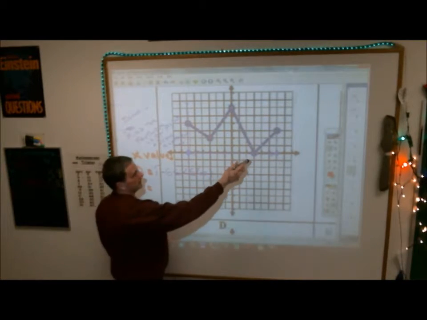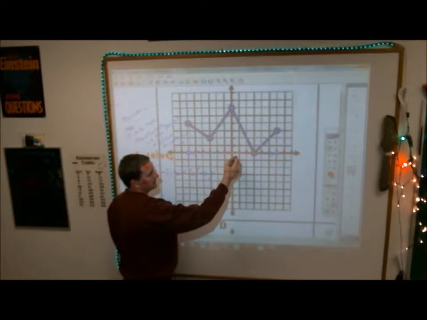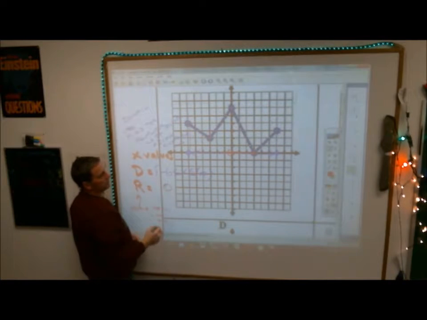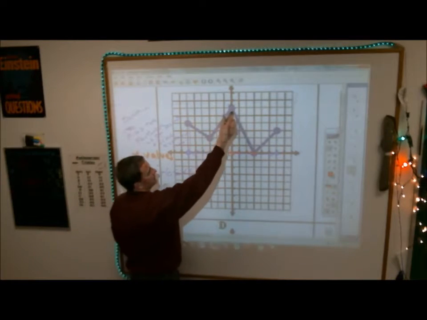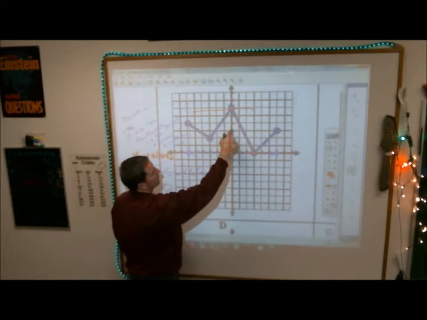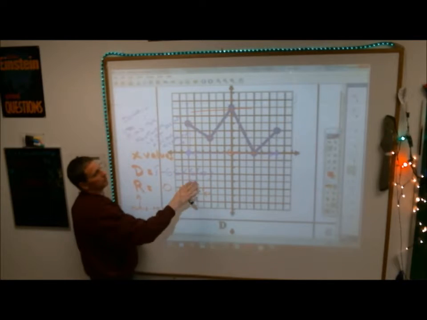So here's the lowest point, and what is that on the y-axis? That is actually 0. The range goes from 0, and the highest point is actually on the y-axis as well. What is that point? 1, 2, 3, 4, 5, 6. The range goes from 0 to 6.